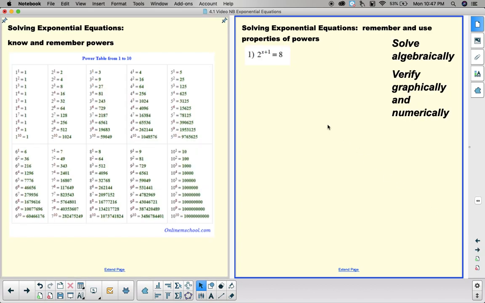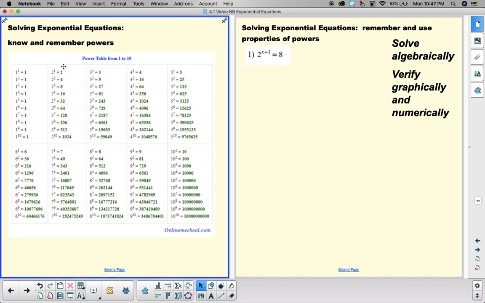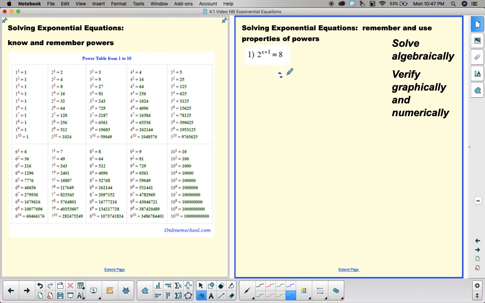Now, 2 and 8 are unlike bases, so I'm going to ask myself, is 8 a power of 2? So I come over here, and hey, look, 2 cubed is 8. So I'm going to rewrite 8 as 2 cubed.